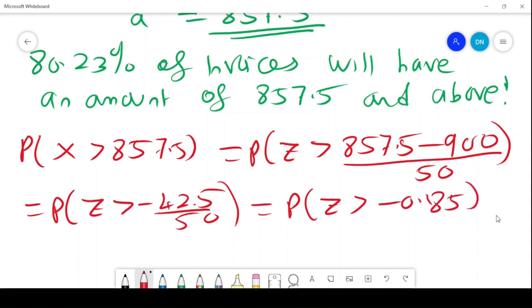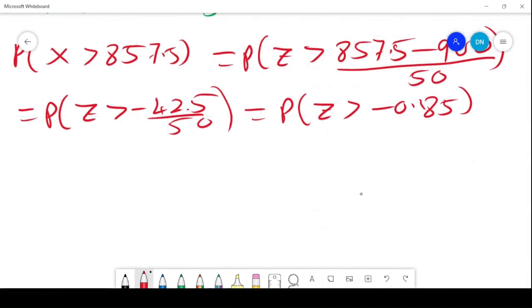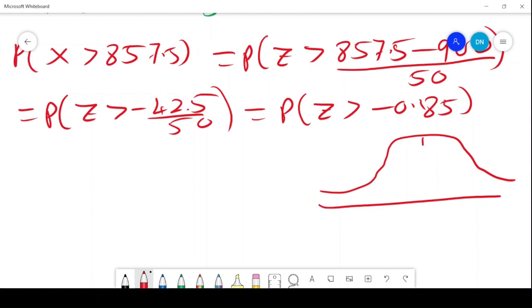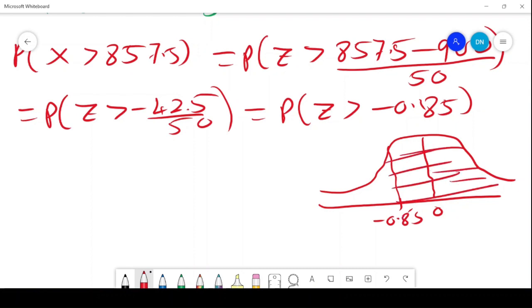And because it's greater than, we'll be looking at this part. And that shaded part will give us 0.8023. And so that's the question that we were trying to answer with that information. Above what amount will 80.23% of the invoices lie?